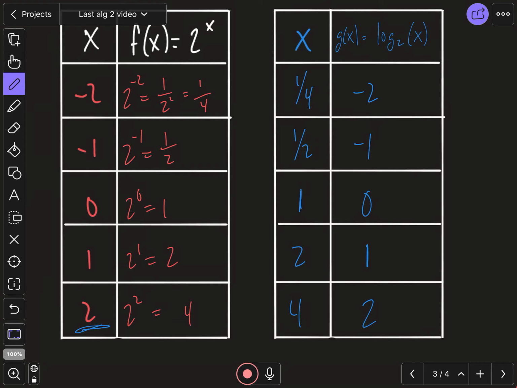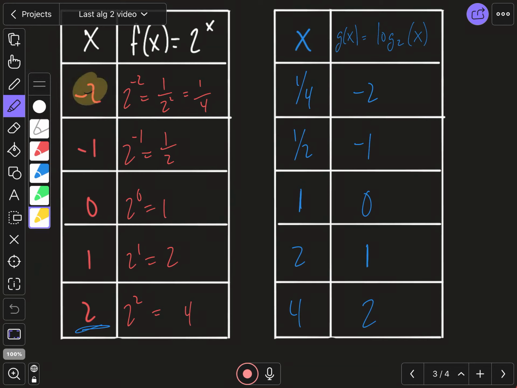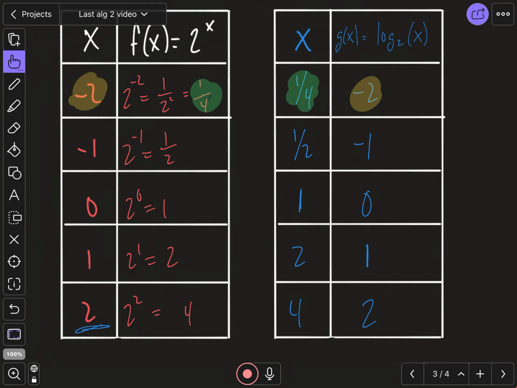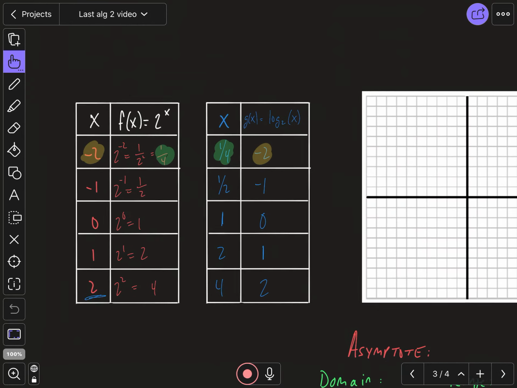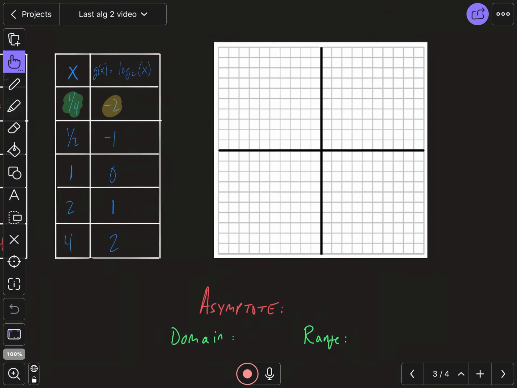So always just taking our x value, making it our new y value, taking our y value, making it our new x value. It's just an easy switch. All right, so I'm going to plot these points here.